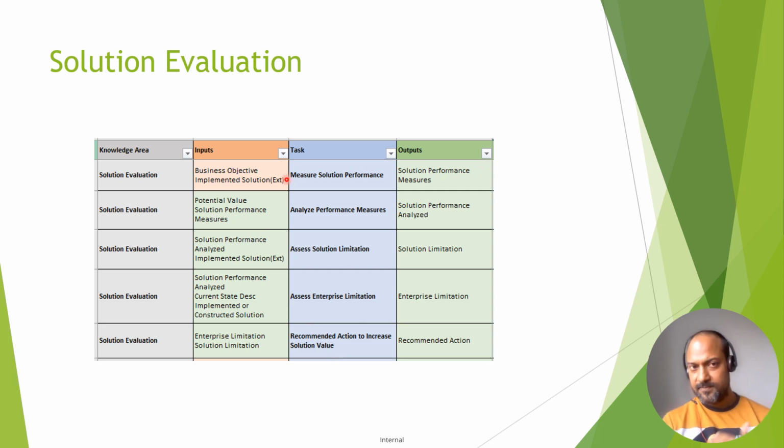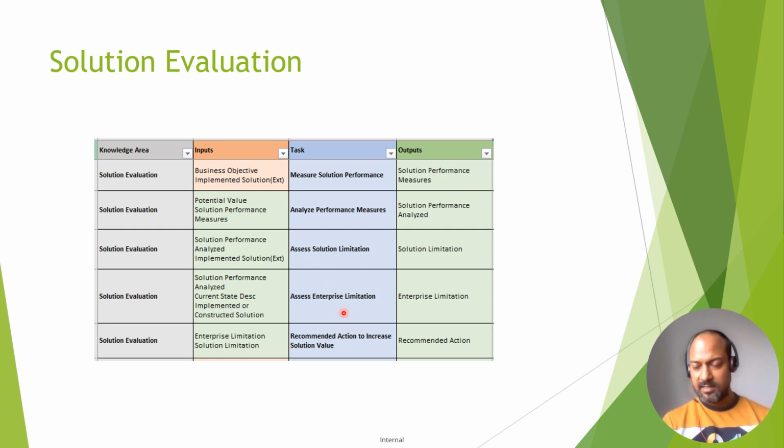So what we said in solution evaluation, we try to identify and define the performance measures. We analyze those performance measures, how valid those are. We identify the limitation of that solution. That would either be at the solution level or at the enterprise level.